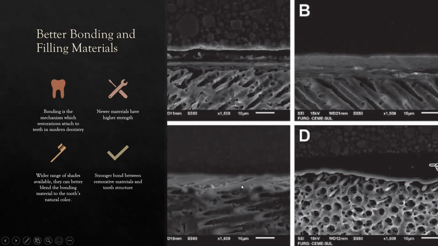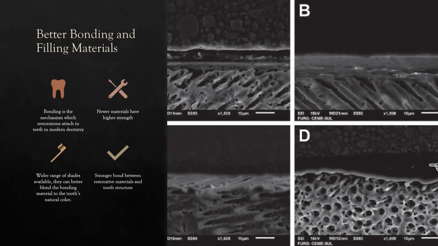And then we see that there's a filler material on top, and with that we create that bond between the restoration and the tooth. So this way the restoration will stick to the tooth and reduce the chances of leakage.